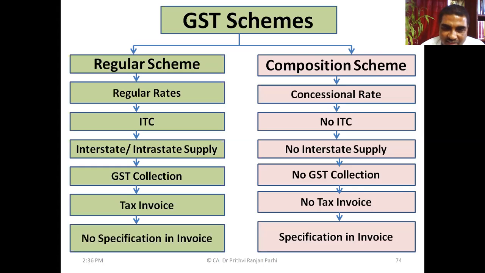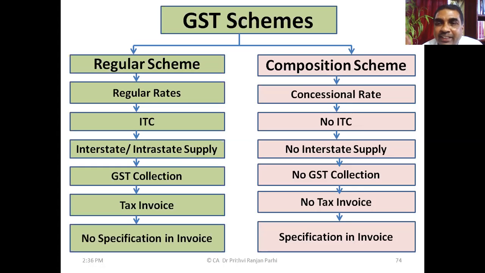A composition scheme supplier also cannot do any interstate supply. And he cannot collect GST from his customers. Whatever GST he pays, let us say 1% or 5% or 6%, he has to pay from his own pocket. He cannot collect it from the customer.